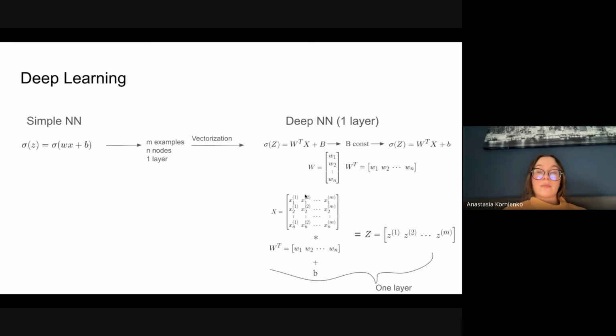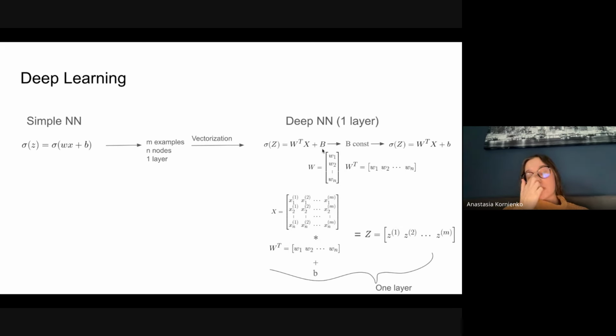X is a matrix. The rows represent examples, and N represents nodes here. So it's M examples for N nodes. And the formula is X matrix times W transposed plus b, which gives Z. Why is b not a vector or matrix here?